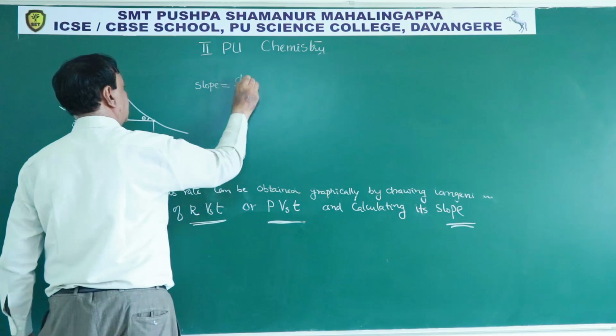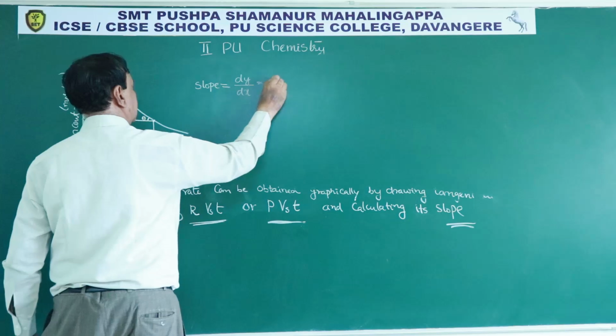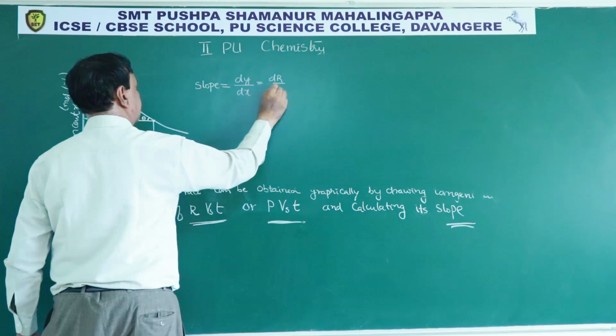That is dy divided by dx, or equal to dR divided by dt.